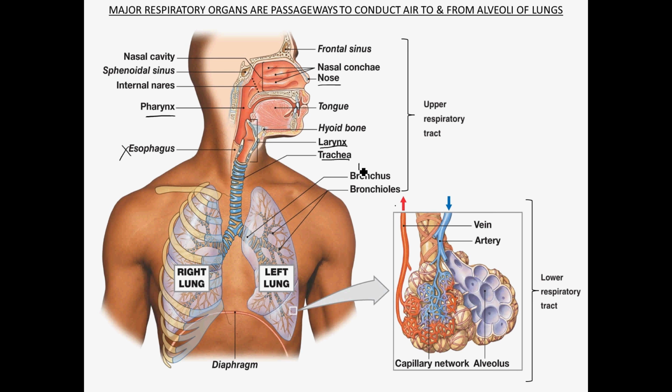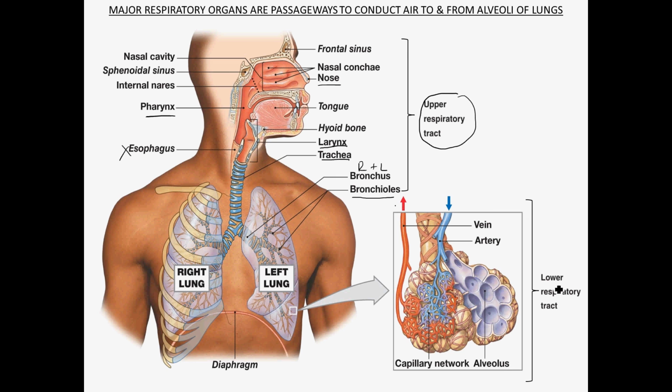Those passageways begin to get smaller into primary bronchus, secondary bronchus, tertiary bronchus, and then finally into bronchioles, which are the smallest in diameter. These structures are of the upper respiratory tract.